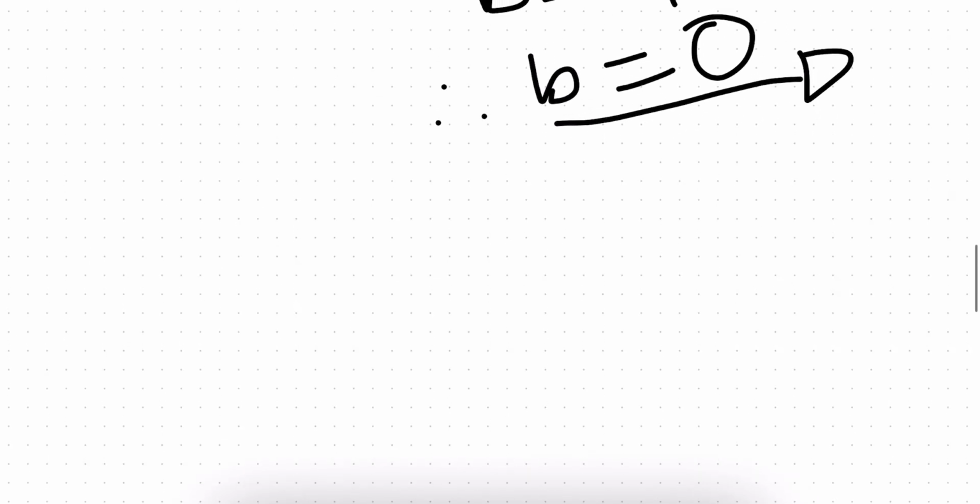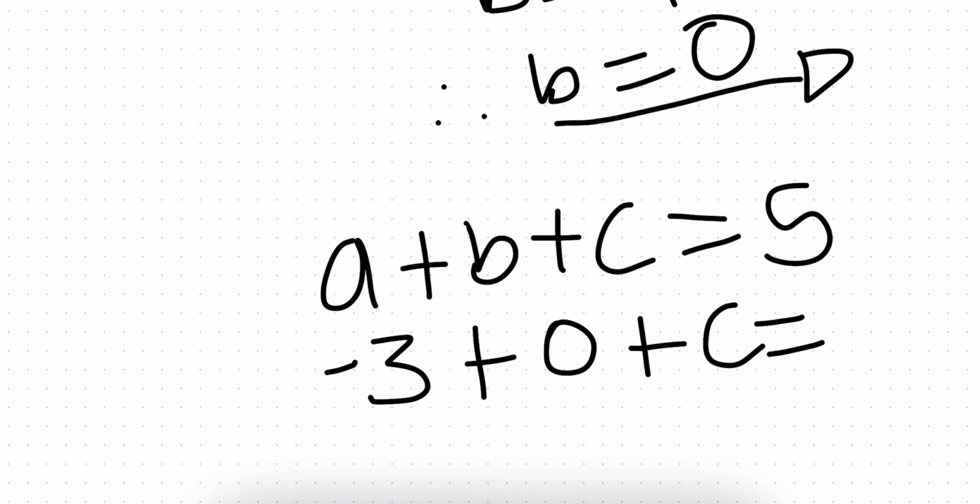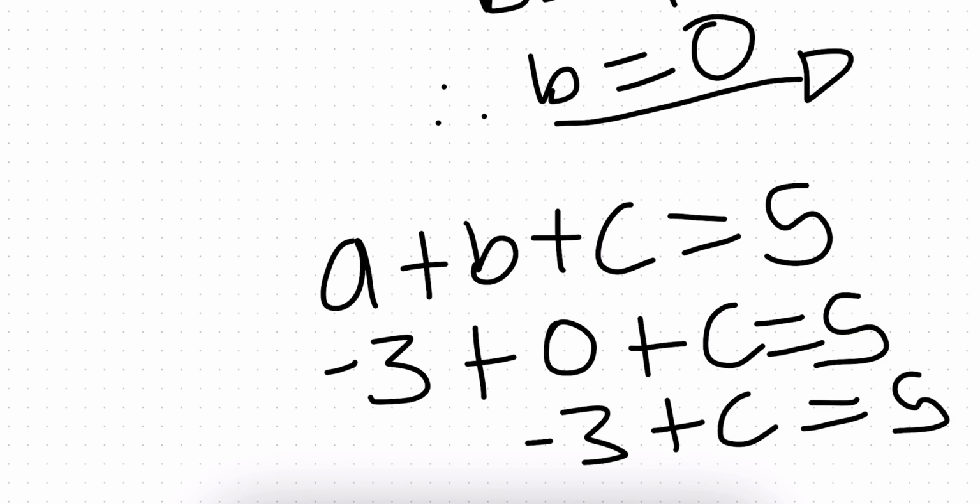What is the value of your a? Your a is minus 3, your b is 0, plus c equals 5. This will literally be minus 3 plus c equals 5.